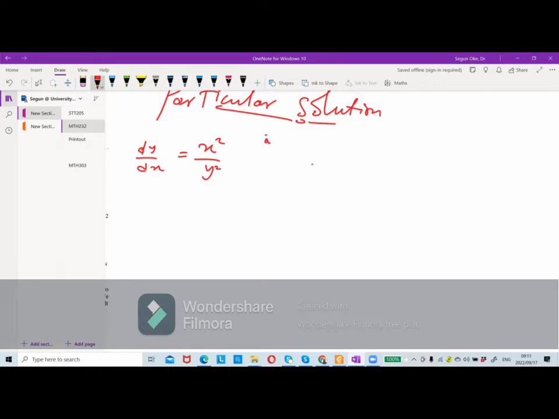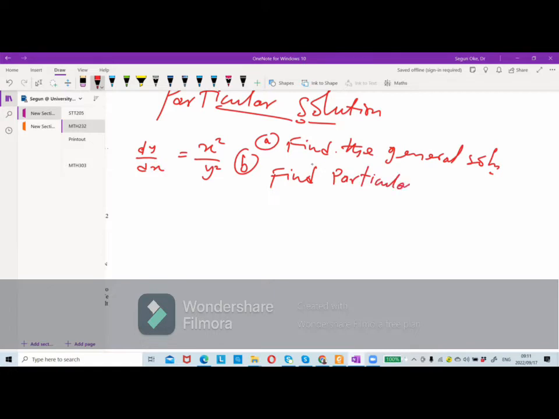A, find the general solution. B, find the particular solution, when y of 0 is equal to minus 2.